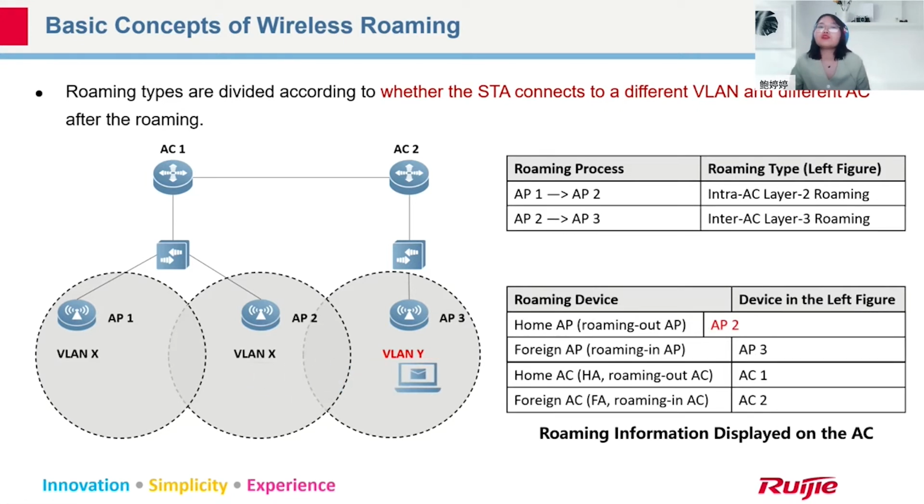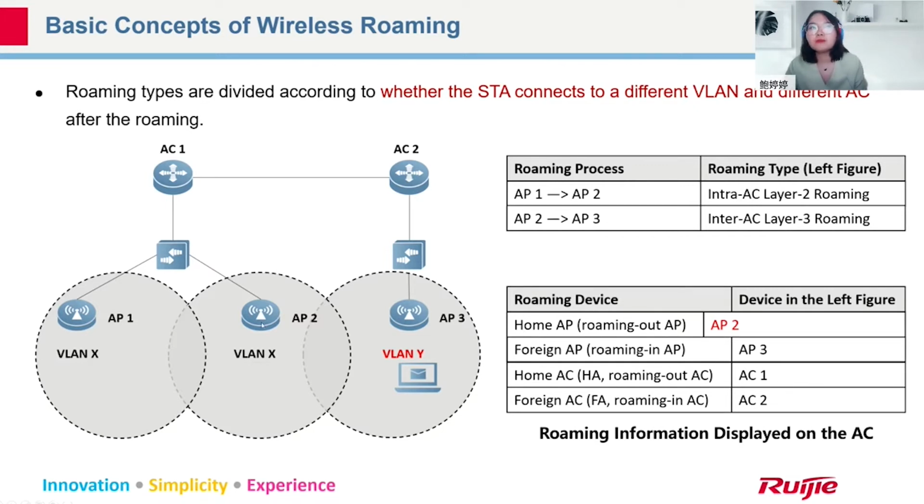And then if we continue to connect from AP2 to AP3, then the type we call is inter-AC and layer 3 roaming. Inter-AC because AP3 is located in AC2, which is different from the first AP we connected. Layer 3 roaming because for AP2 the VLAN is VLAN X, but for AP3 the VLAN is VLAN Y. In this process, pay attention, we will have a home AP, the roaming out AP.